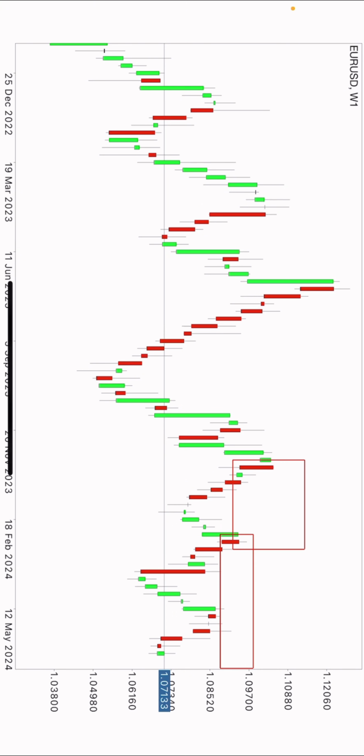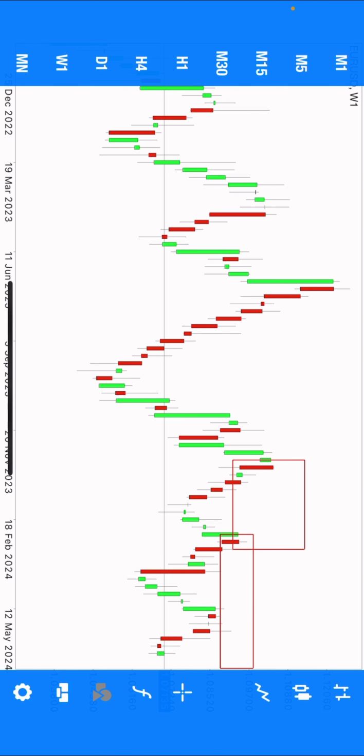So as you guys can see, in order for us to get zones, we need price structure. And in order for us to get price structure, we need zones, right? I hope I'm making sense.